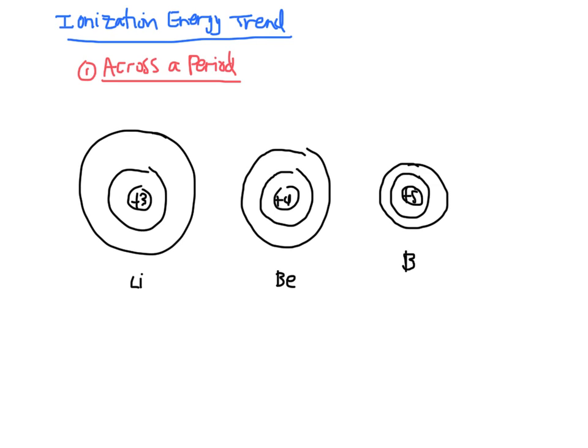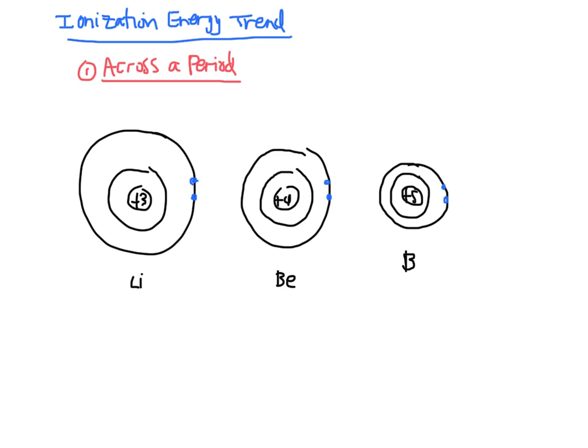So remember, with atomic radius, our atoms as you went across a period got smaller and smaller because of the pull of the protons in the nucleus on those energy levels, because they all have the same number of energy levels. So if you think about it, if we're trying to remove, say, a valence electron from each one of these, those valence electrons are going to be harder to remove the closer they are to the nucleus.